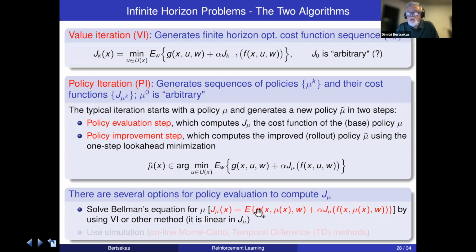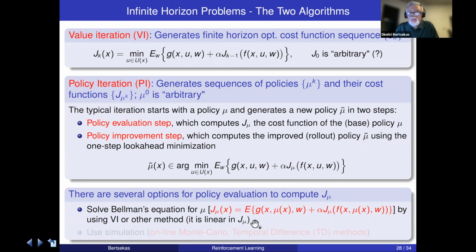Okay, Bellman equation involves a minimization, but if we restrict attention to a single policy, we obtain this equation, which is the Bellman equation restricted to the policy mu. How do you solve this equation? Well, you can use value iteration to solve it. It's an easier value iteration because it does not involve the minimization. Or you can use some other method.